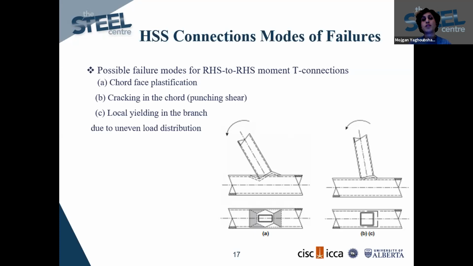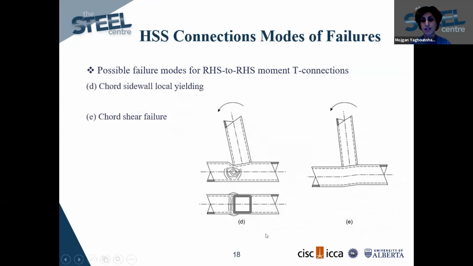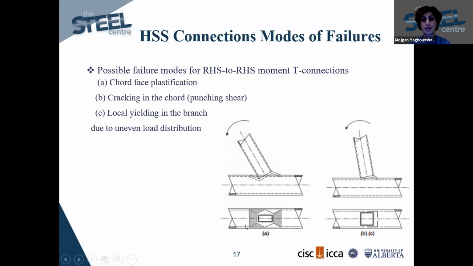The first mode of failure is chord face plastification, as displayed in figure A. So this is how it would look if the chord face undergoes plasticity. The other modes of failure are punching shear, again at the chord, and local yielding in the branch.